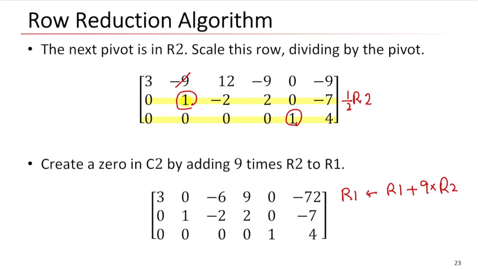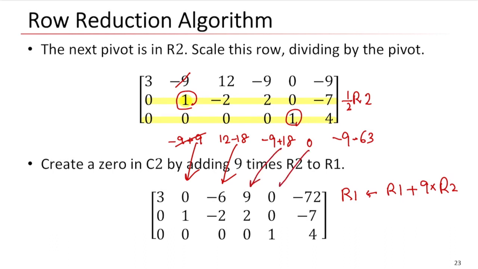So 1 plus 9, and minus 9 plus 2, like this. It will be 0 minus 2 plus, what is that? 63, right? So it should be 0, negative 6, 9, 0, negative 17, 2. Okay, so we eliminate this part here.